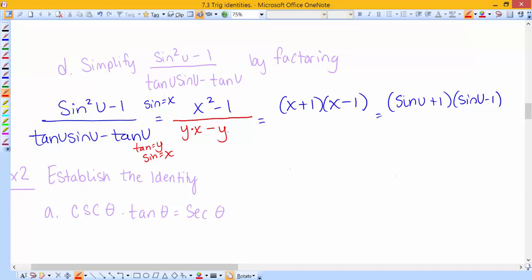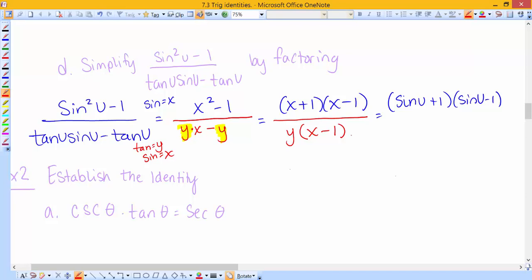Now for factoring, you need to recognize that you have two terms, a yx and a y. Both of those terms share a y, which means you can factor out a y. If I take a y out, I'm left with x minus 1.